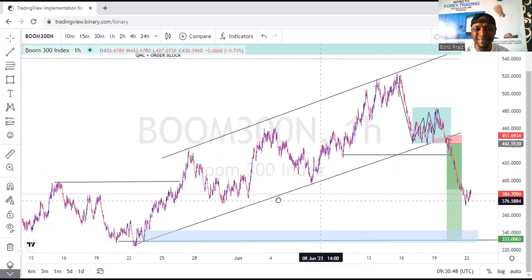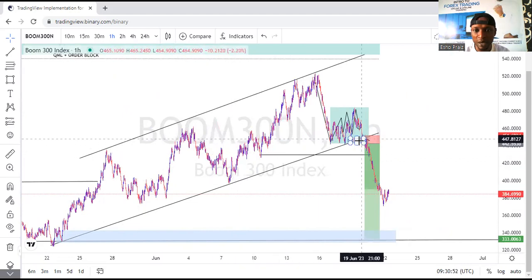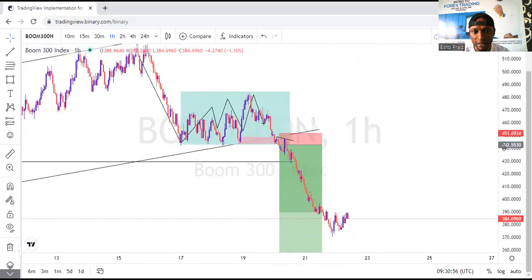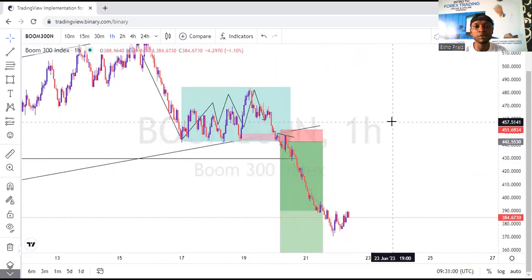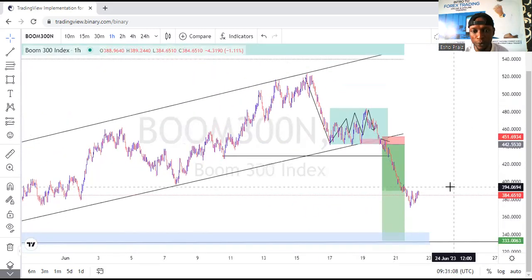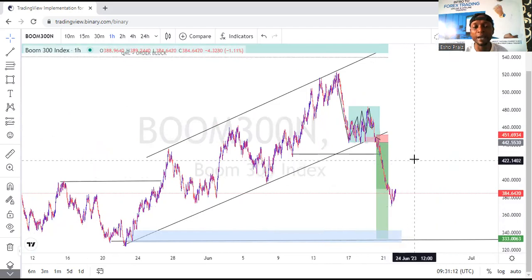We have first touch, second touch, then we have third touch here. So the market broke the trend line to the downside. After the market broke the trend line to the downside, I knew that the market had changed structure, which means that the market wants to go bearish to mitigate this 4 hours order block here, before buying up, right?